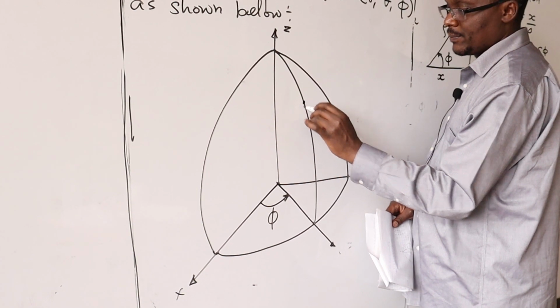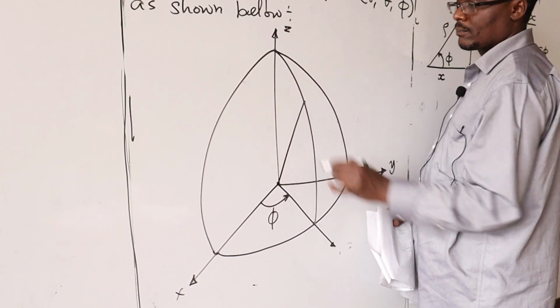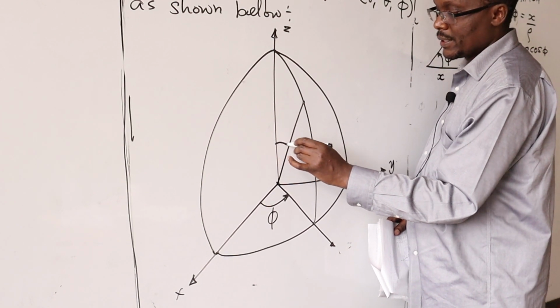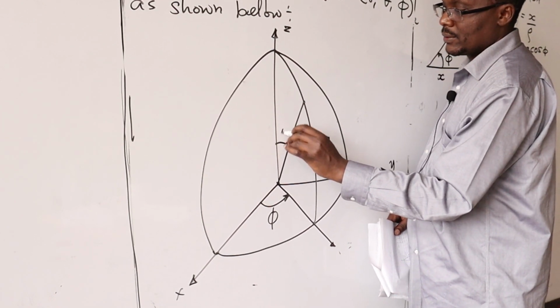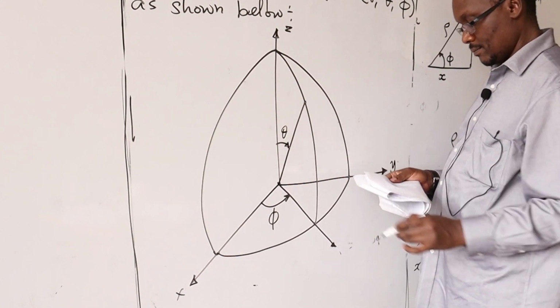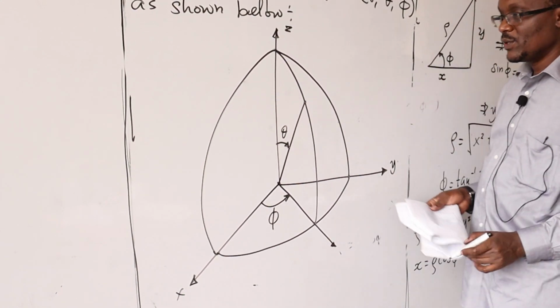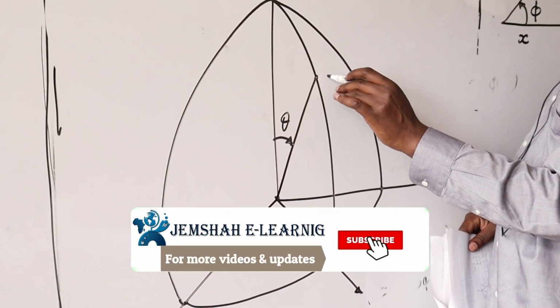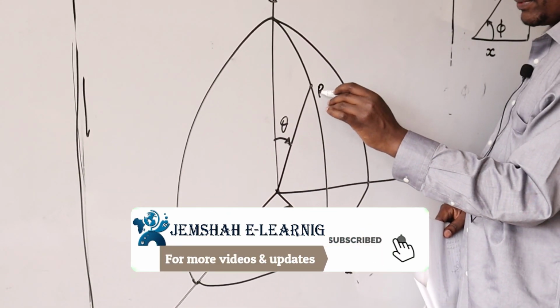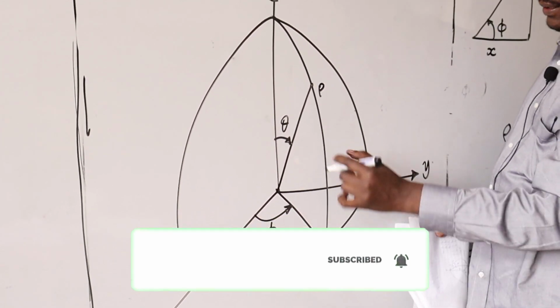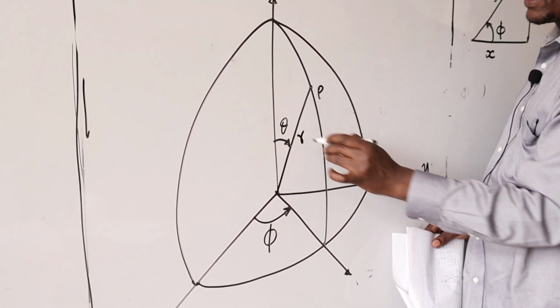So this is the point P. The angle that that point makes with the z-axis is what you're having as theta. So that is what we have as point P. Now this radius is what you are calling r.